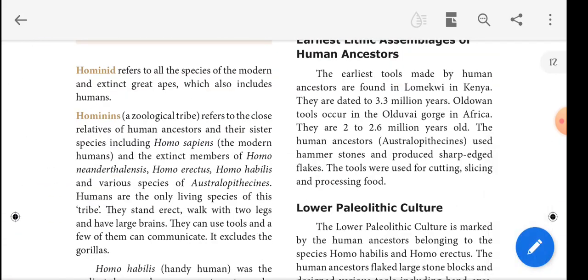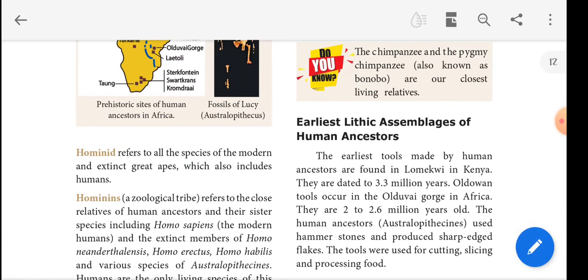And later we discussed the prehistoric period. In the prehistoric period, the human used tools for hunting and collecting food. So for that they used stone tools.